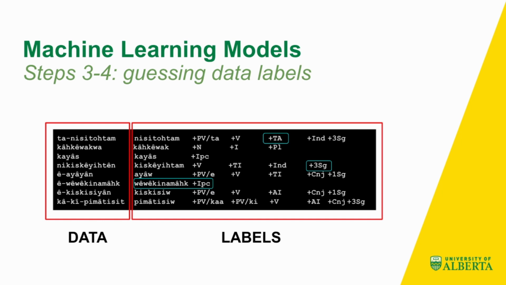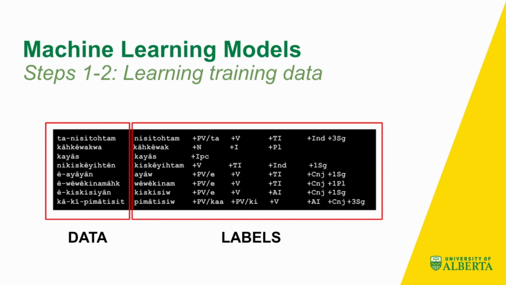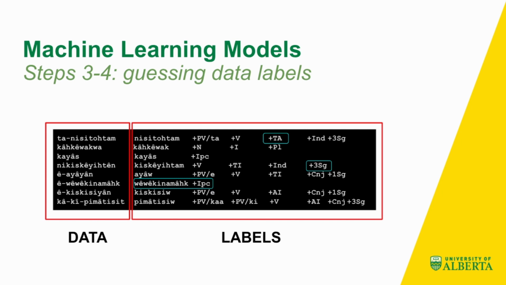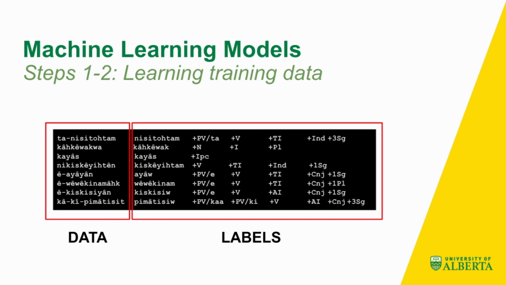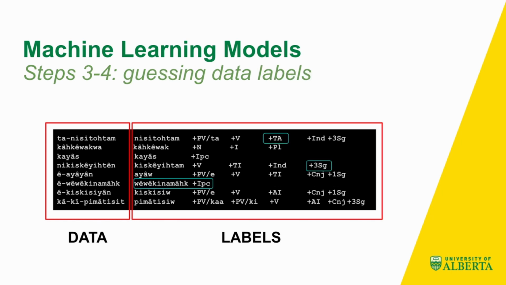But our system guessed that it was just an IPC. Alternatively, this one is too dumb, it thinks it's a TA when the actual label is a TI. And then finally in this Nikisketen, our system guessed that it was a third singular, but in fact it was a first person singular. So we tell it, you got those wrong. You should probably go back and relearn them because you didn't do a super great job.